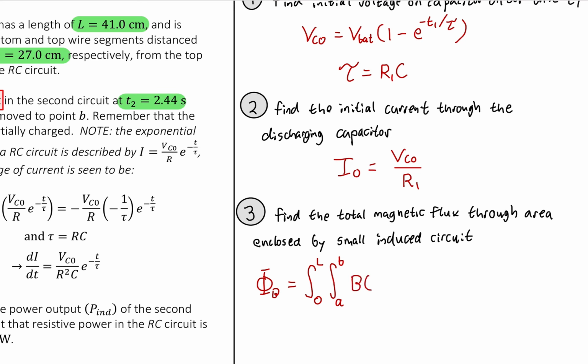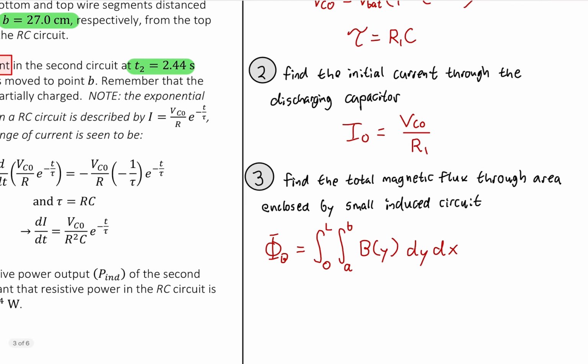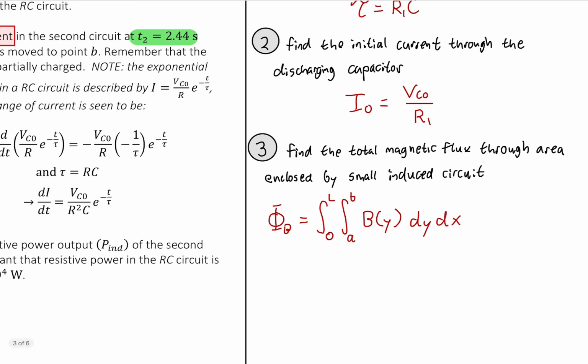I realized I kept saying y when I meant x and kind of vice versa. Sorry for any confusion there. I'll be clear going forward. The magnetic field is just going to be a function of y, all right? And then, since the inner one is the y direction, it's going to be dy, and then dx will correspond to the outer limits, okay? Which I mistakenly called y. Let's go ahead and put our function in there.